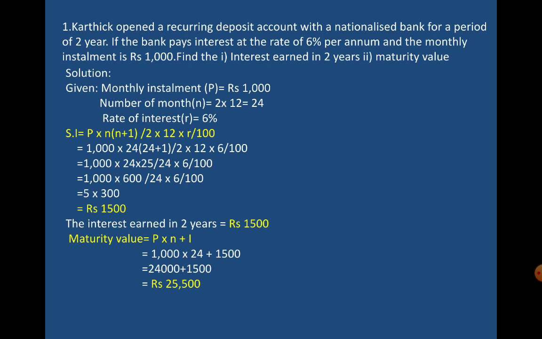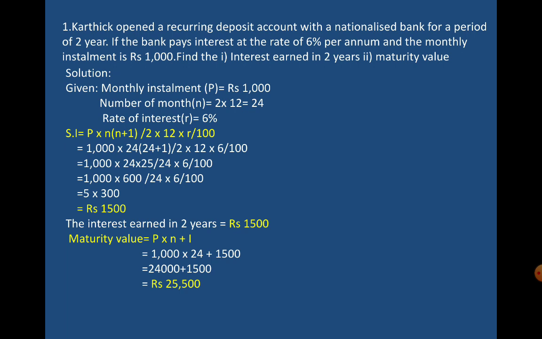Then we have to find the maturity value. The formula for maturity value is P into n plus I. The P value is 1000, the number of months is 24, plus the interest, which we already found, 1500.